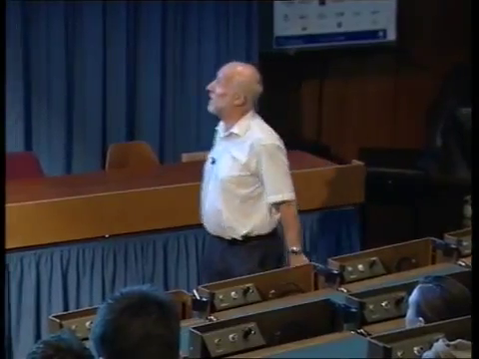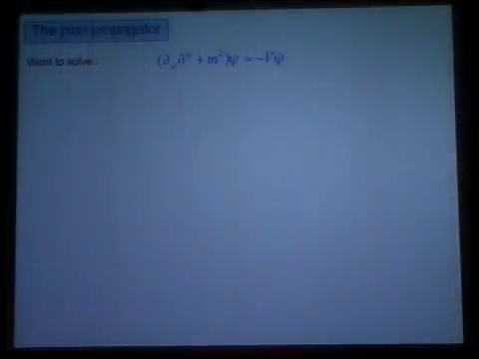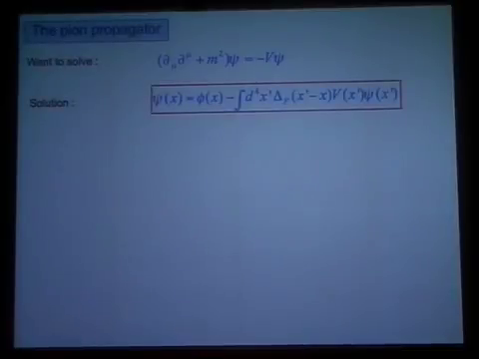Psi can be written in terms of phi minus an integral over space-time, d⁴x', a function that I call Δ_F that will turn out to be the propagator, times this V, which depends upon x'. It depends on the position that the interaction occurs, and ψ(x'). So that's just a statement.